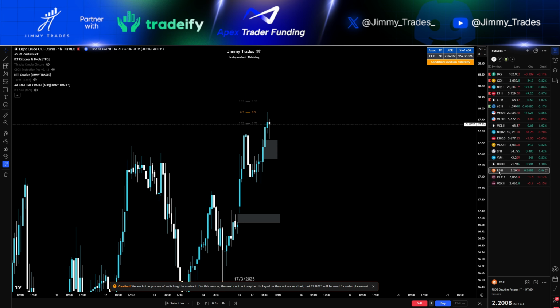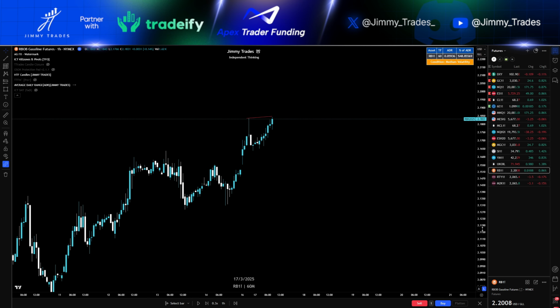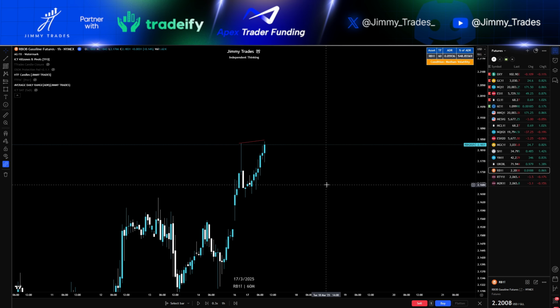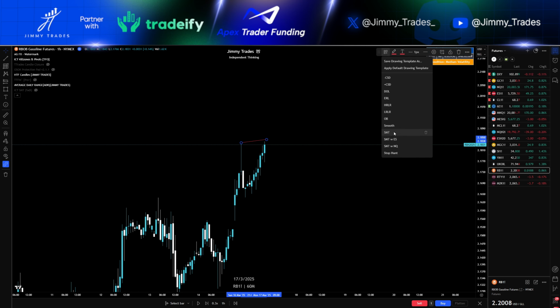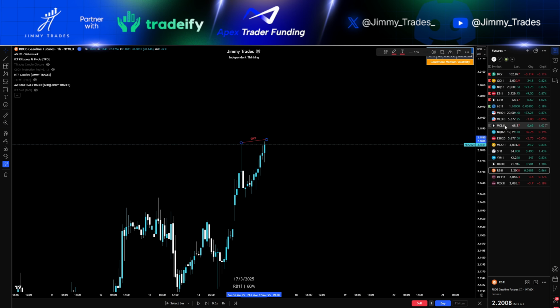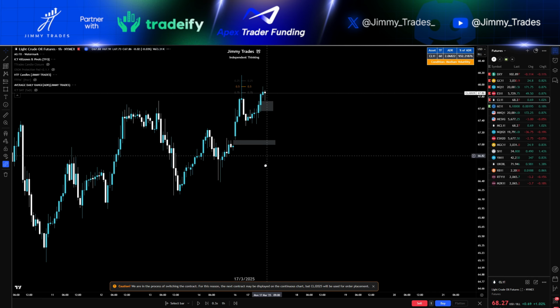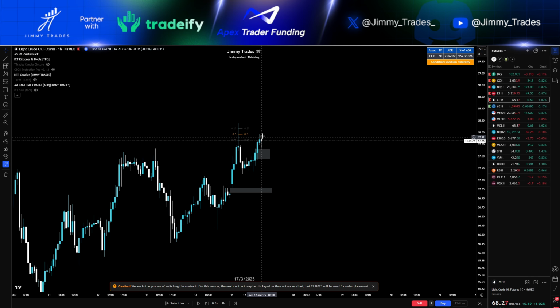Let's jump over to RB, our correlated asset, and see what RB got up to. Here RB swept out the Asia high, giving us an SMT with CL. Same high here, we've got this bearish SMT.